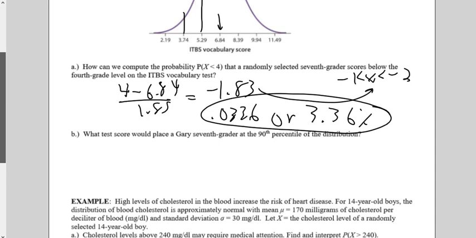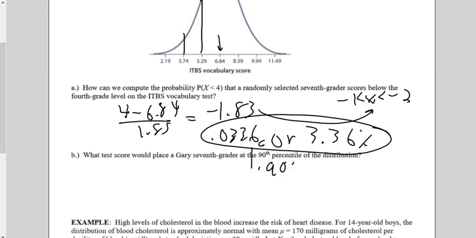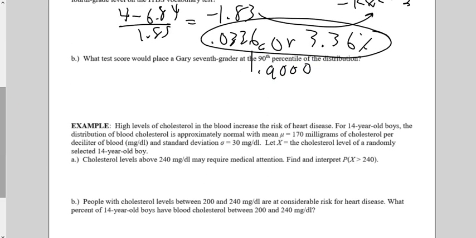Now, it said what test score would place him at the 90th percentile. Okay, so that's 0.9000. So again, we're going to look for approximately 0.9000. And that's going to be between a z-score of 1.28 and 1.29.